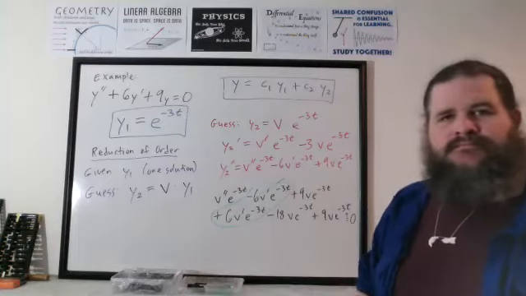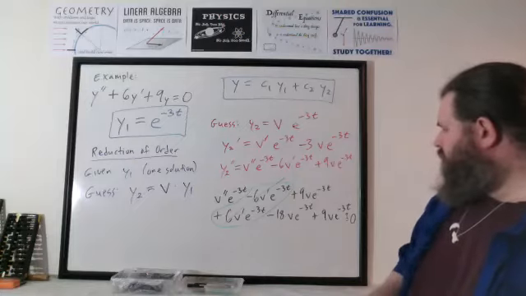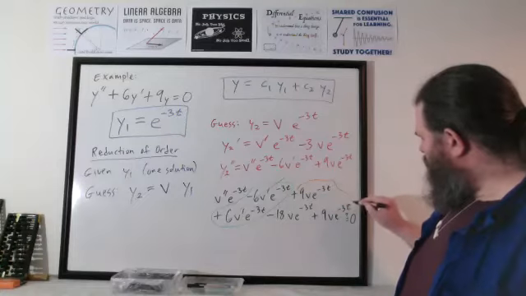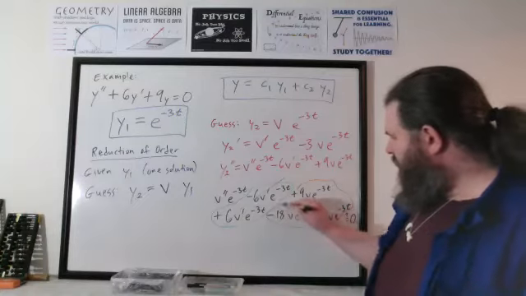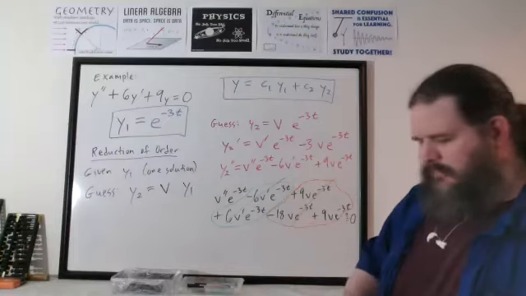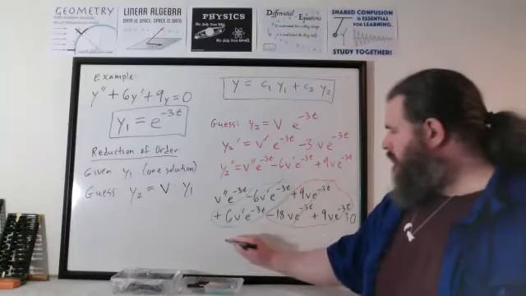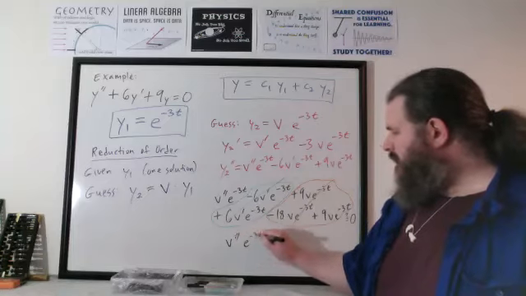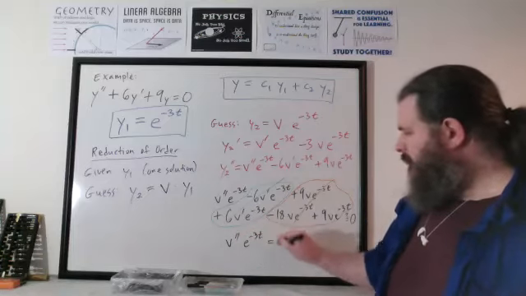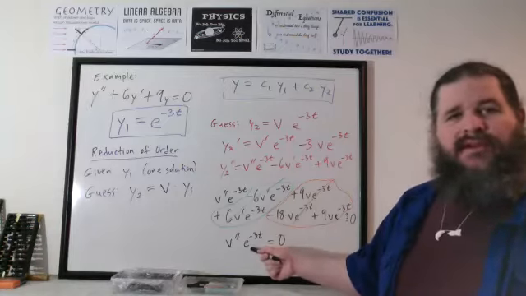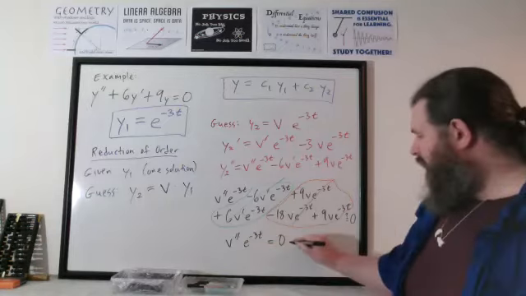And then you could add the two 9s and then subtract it from the 18, and those will cancel out. Yeah, 9 plus 9 plus -18 reduces to 0. So it looks like all that remains is v double prime e to the -3t has to equal 0. And of course, the e to the -3t is never going to be 0. So we're left with v double prime has to equal 0.